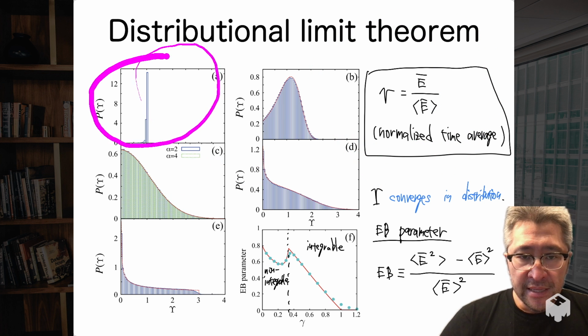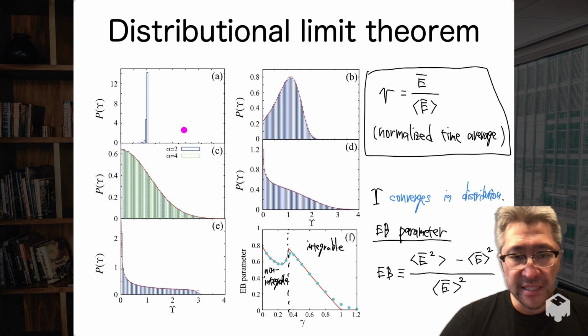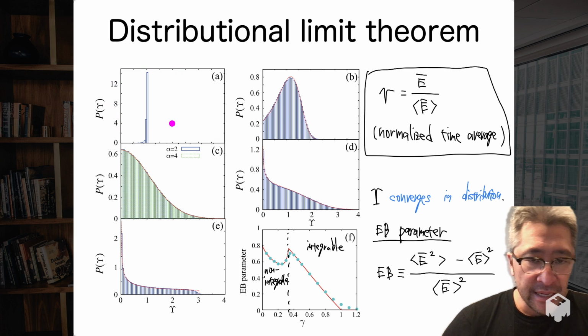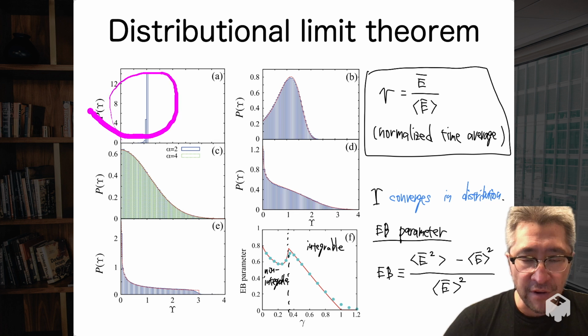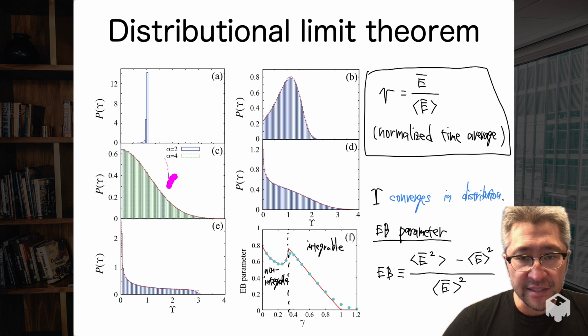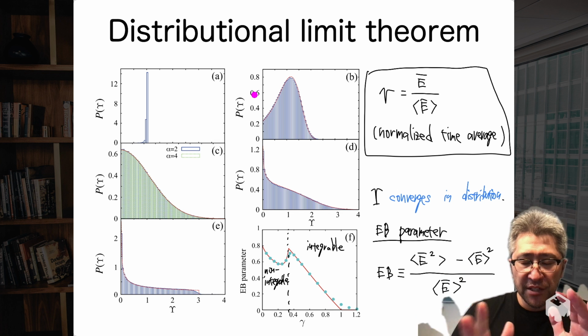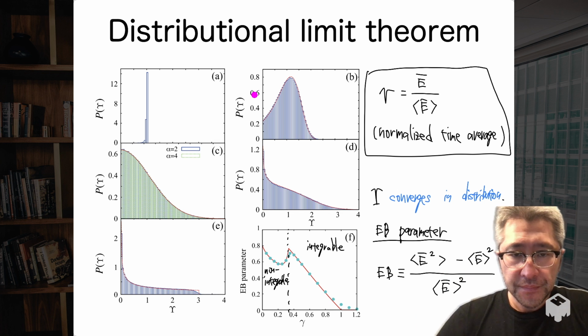Here are some different gamma, where gamma is 1 over alpha. In this case alpha is greater than 1; here alpha is 2 and 4. This is the distribution, and the function depends on gamma.